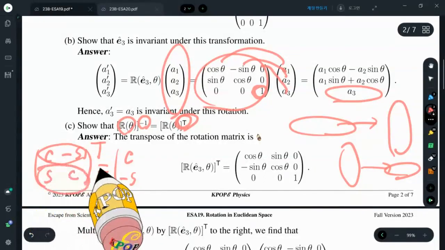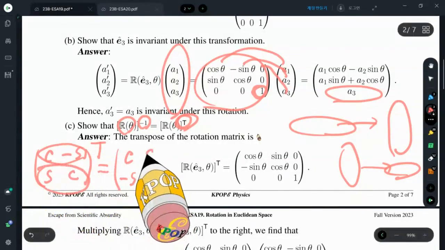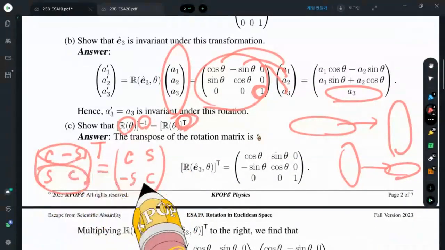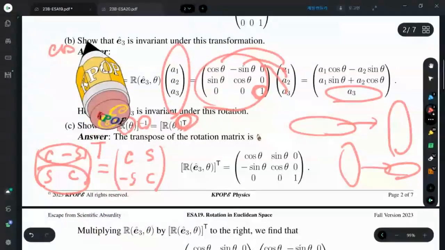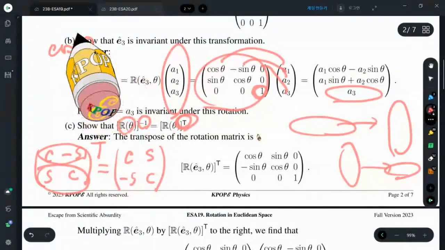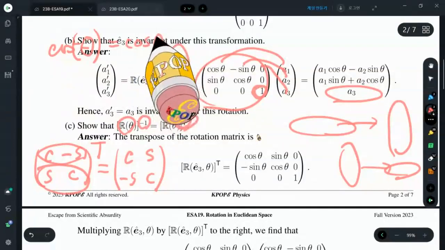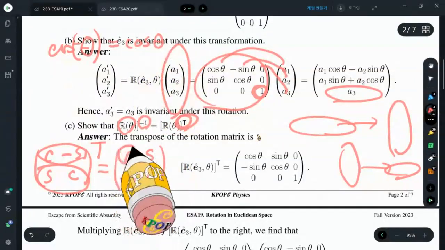Copy this second row as a second column. That's it. You can see cosine is an even function, so if I put a negative sign on it, I still have the same value.